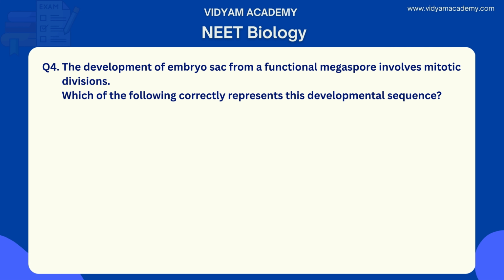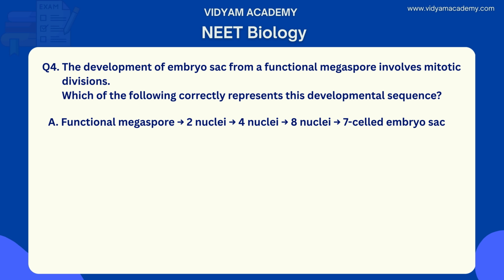The development of embryo sac from a functional megaspore involves mitotic divisions. Which of the following correctly represents this developmental sequence? Option A, functional megaspore, 2 nuclei, 4 nuclei, 8 nuclei, 7-celled embryo sac.